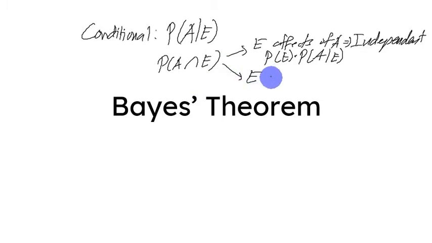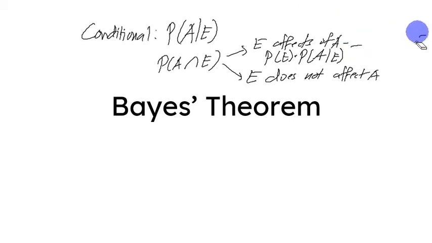However, if the first event E does not affect A, that is what we call an independent event. Let me correct that: if E affects A, this is a dependent event and we will use the general multiplication rule.